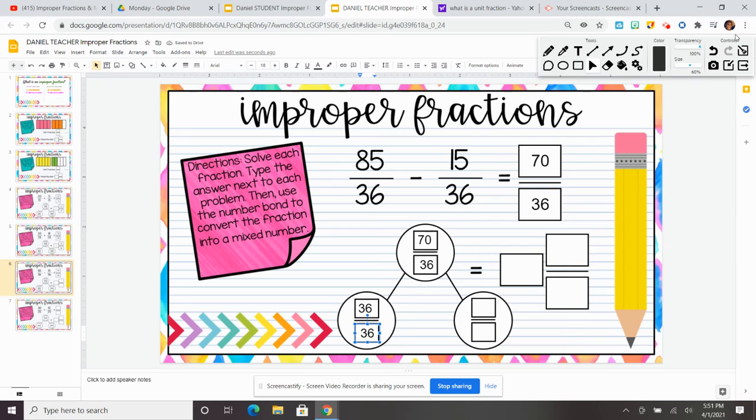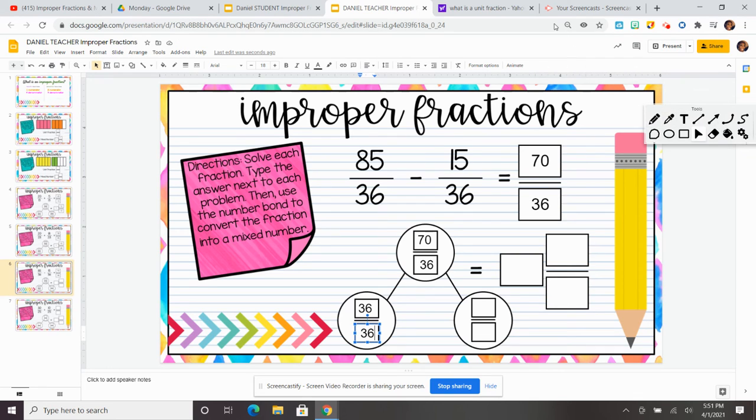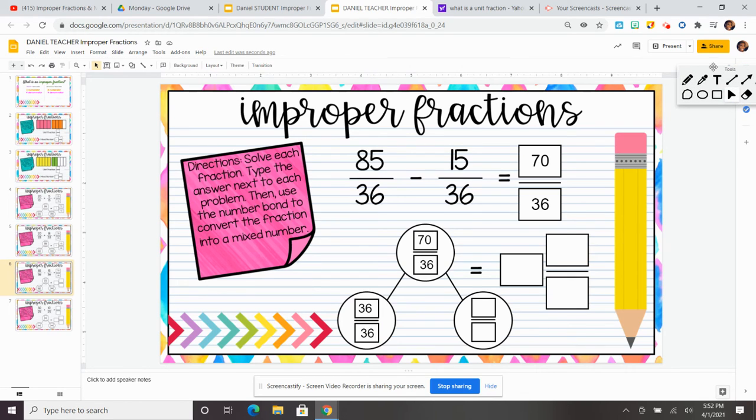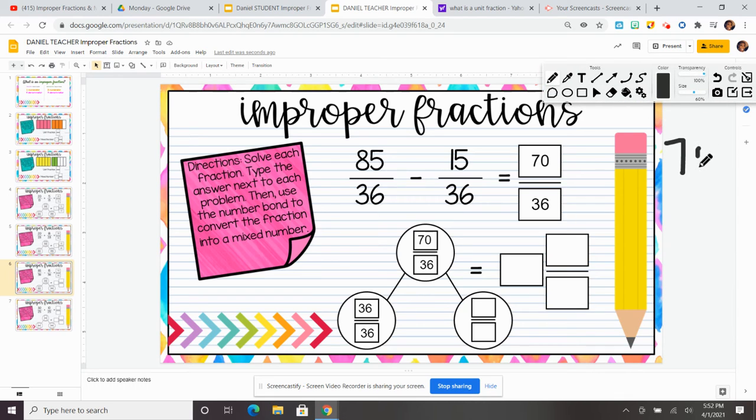All right, so I have to think. 36 plus what is going to give me 70? So, in order to do this, I'm going to take 70 and subtract 36 from it. I can't take 6 from 0, so I have to regroup. This 70 becomes 6 tens. And that means I can add a 10 over here to my ones.